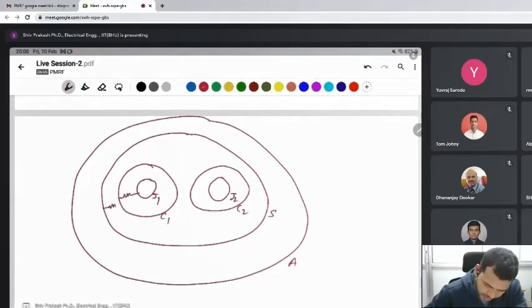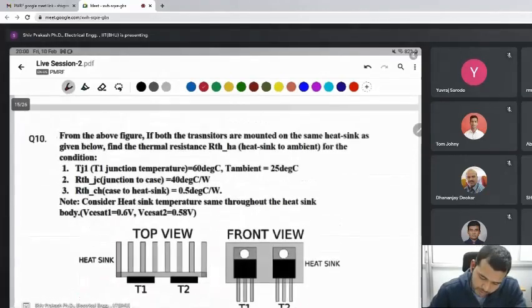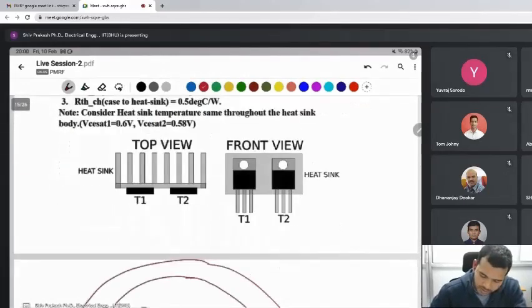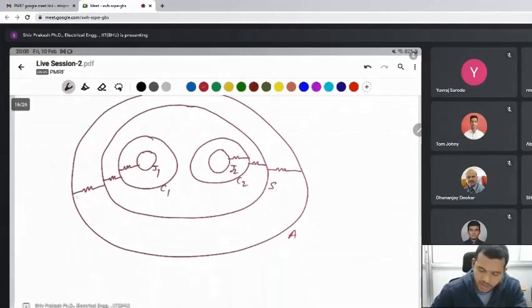Here the thermal resistance is added. The heat sink temperature is the same throughout the heat sink. It means all of the thermal resistance is the same.